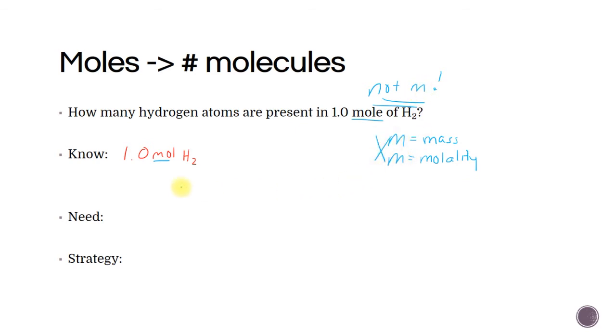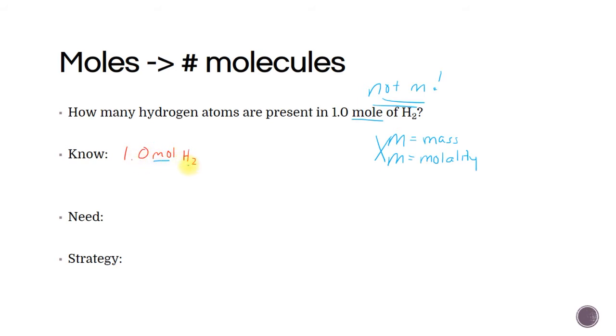These symbols are taken, so instead we abbreviate mole as MOL. I know, it's not really much of a time saver to skip the E, but that's how it is. Okay, don't write little m. I will be very confused. Don't write big M either. Big M has a different meaning also. Okay. All right, so we know that we have 1.0 moles of H2.